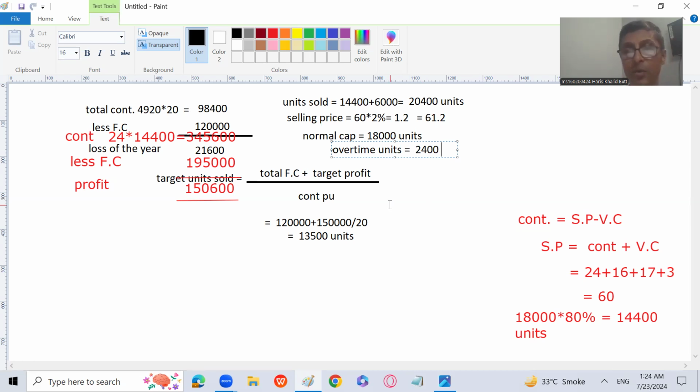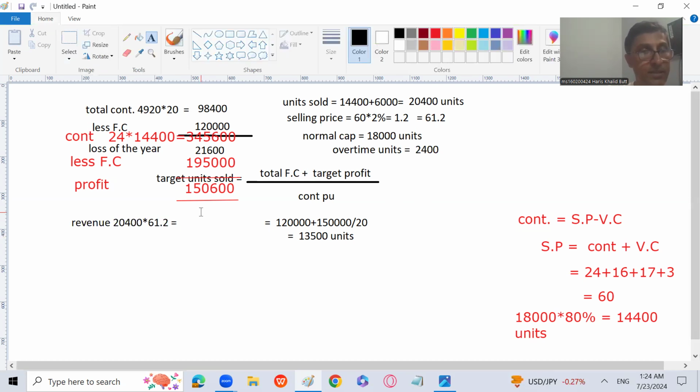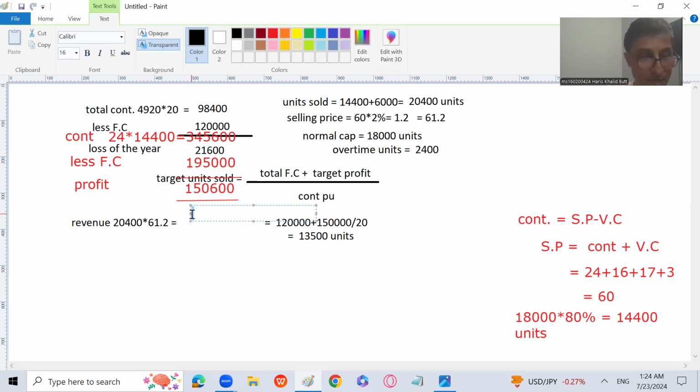So let's go for the calculation. First we will find the revenue because we have to calculate the profit. So revenue is 20,400 multiplied by 61.2. Let me have a dollar sign here.